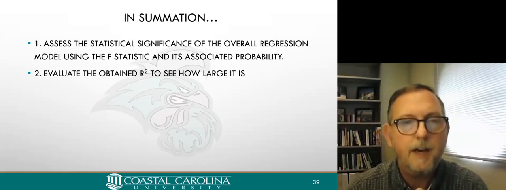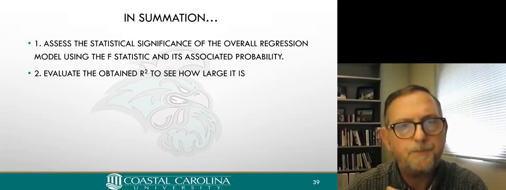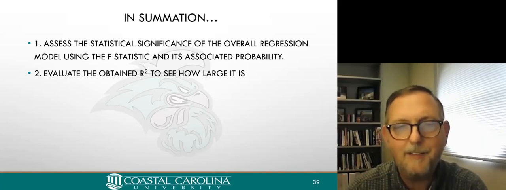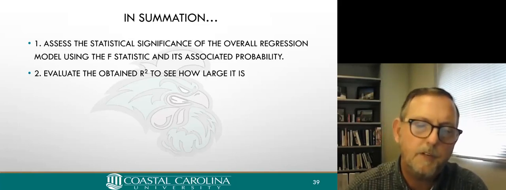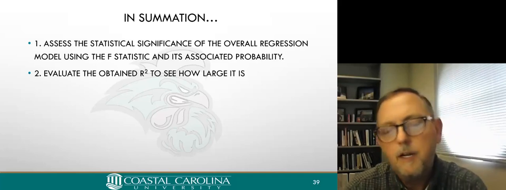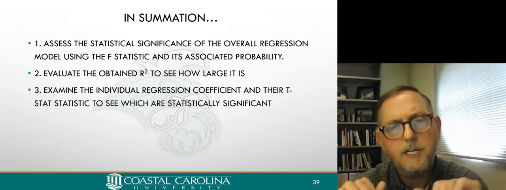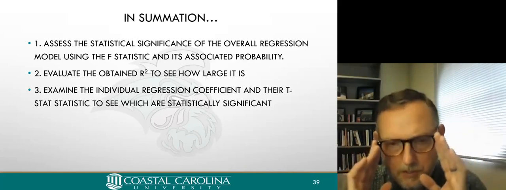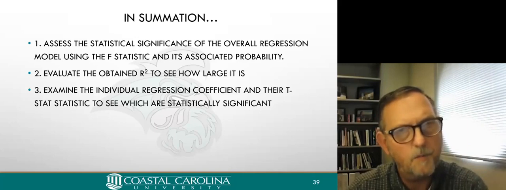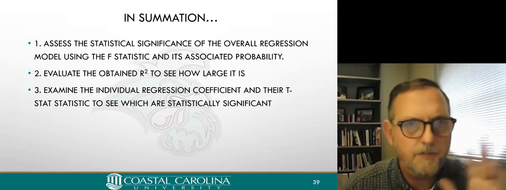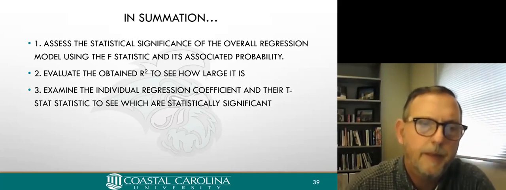Number two, evaluate the R squared and the adjusted R squared, and see what it looks like. If it's above .2, .3, .4, then you're probably in good shape for soft sciences. I know for hard sciences and in different types of research, you want it much higher. But in social sciences, it doesn't need to be off the charts high.